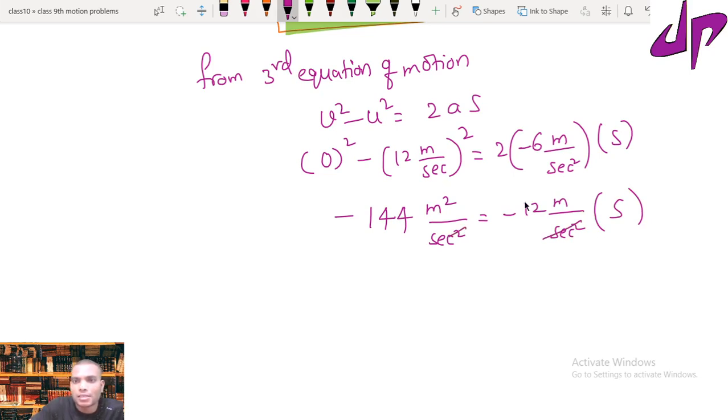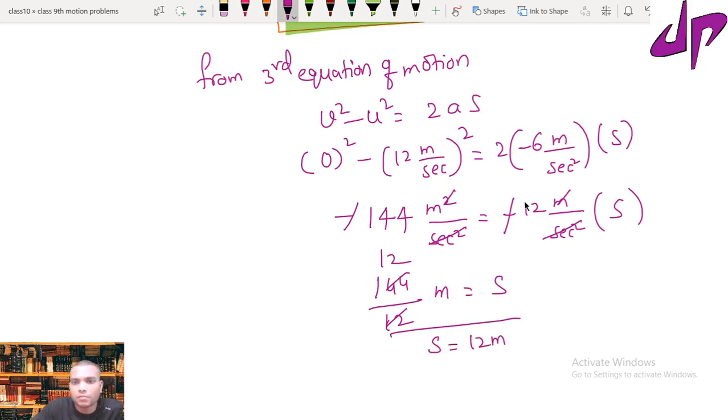So the denominator second square gets cancelled, on the other side numerator 1 meter gets cancelled, on both sides minus gets cancelled. So you can do division. 144 upon 12 meter, 12 in 144 is just 12 times, therefore s equal to 12 meter. So that's the final value we need to find.